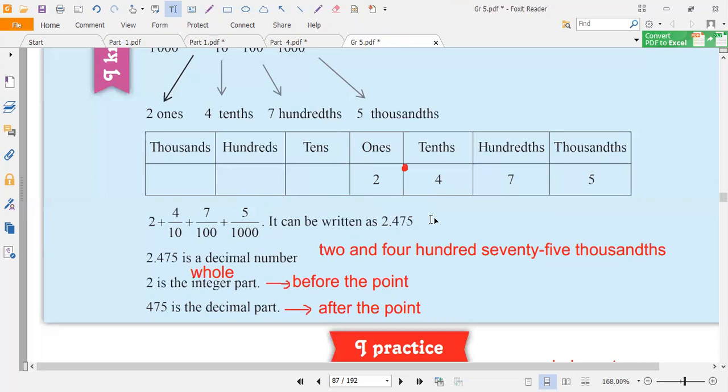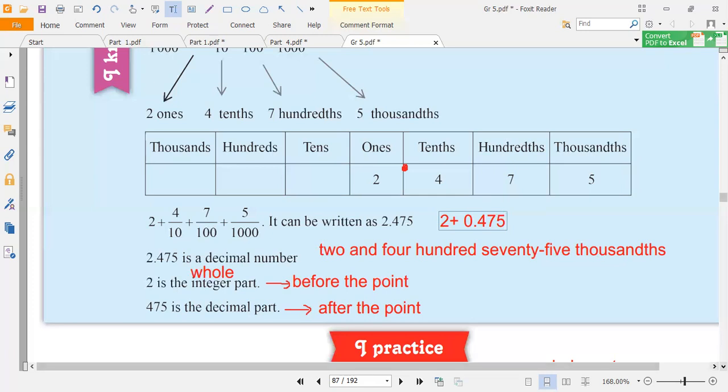And we can write this number like this: 2 plus 0.475. We can write it as a whole number plus a decimal number. The decimal part is 475, so it is 2 plus 0.475.